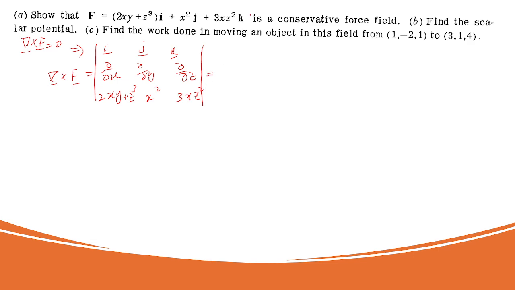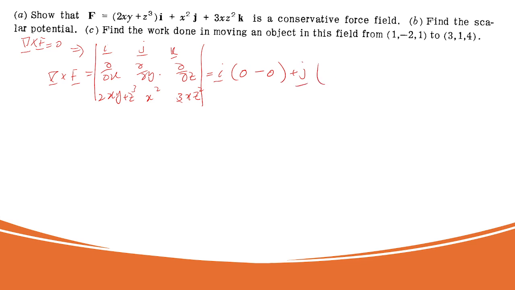So you see, I component: you have to differentiate this component with respect to y, which is 0, there is no y, and this component with respect to z, so that is again 0.